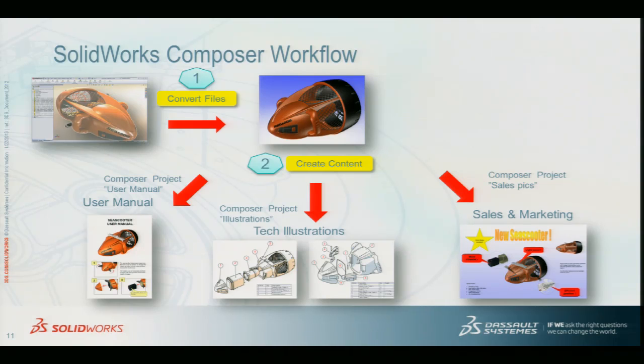And quite often the images that you create are consistent for one product, from one document type to another. So all my user manual images are going to have a fairly consistent shape, size, and such. So I might create all of those for one document. I might create all of the tech illustrations in a separate Composer file.